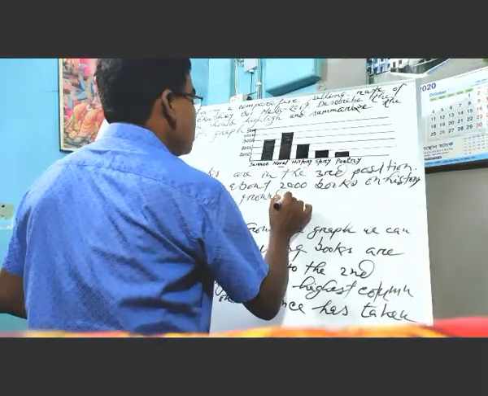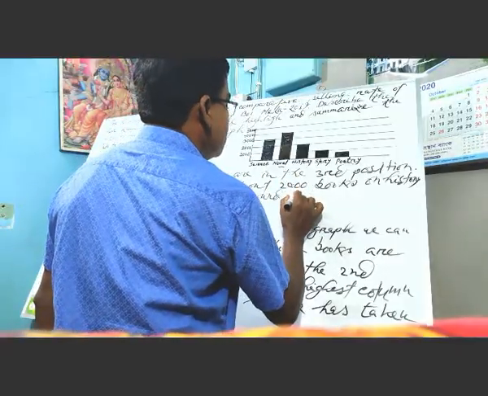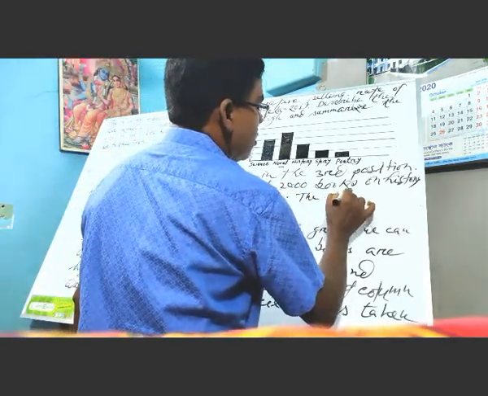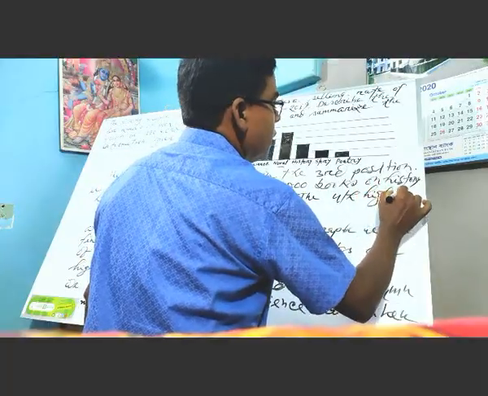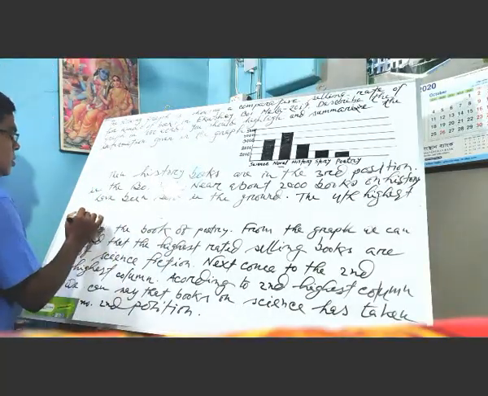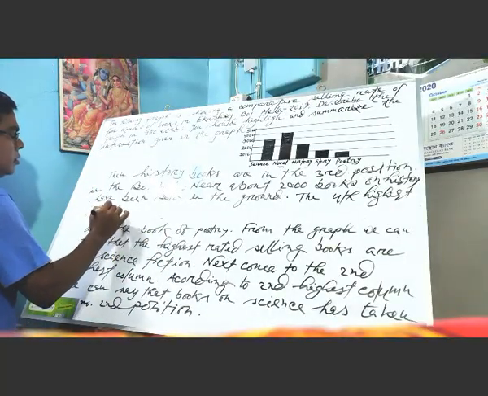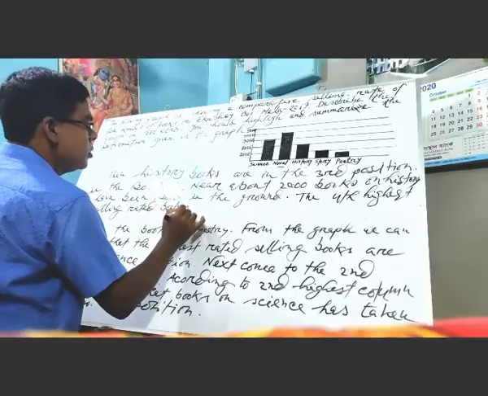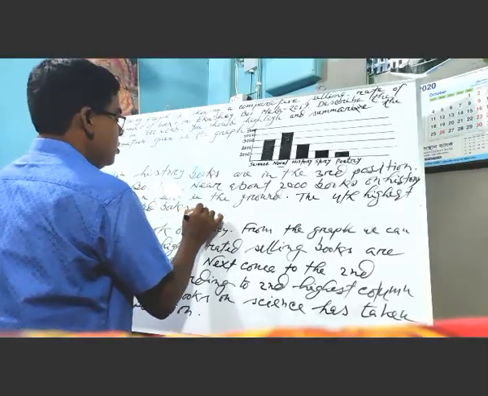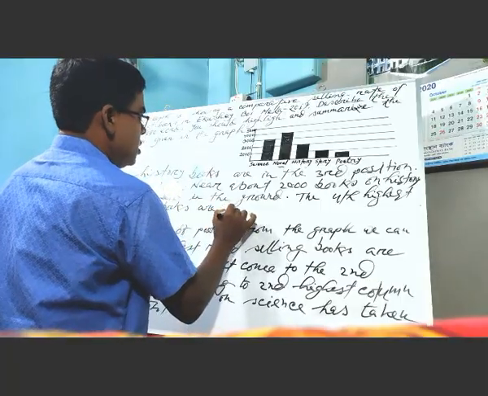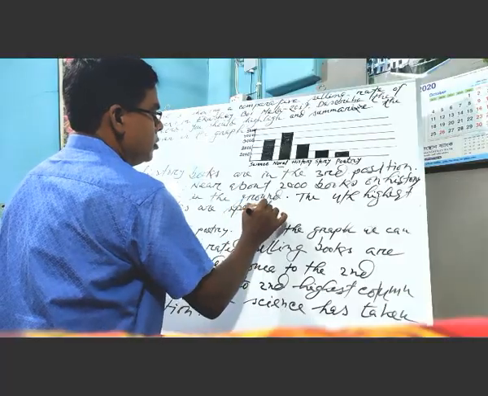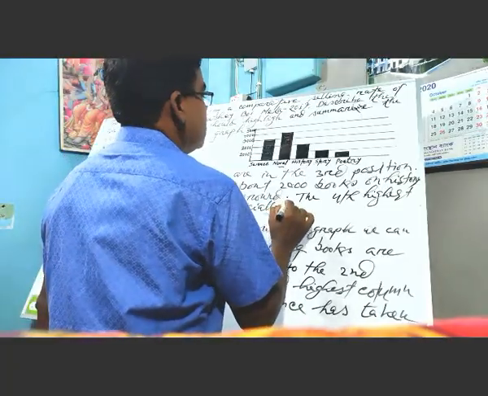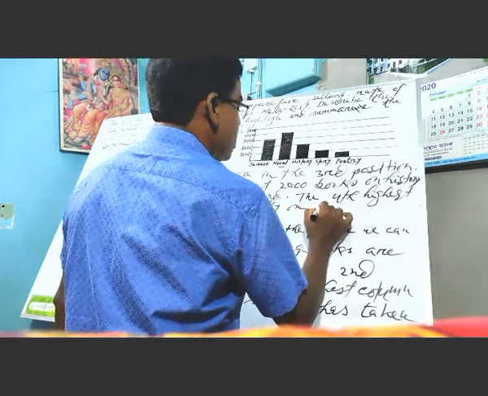So you can say in this way, the fourth position or fourth highest selling rated books are especially on a story.